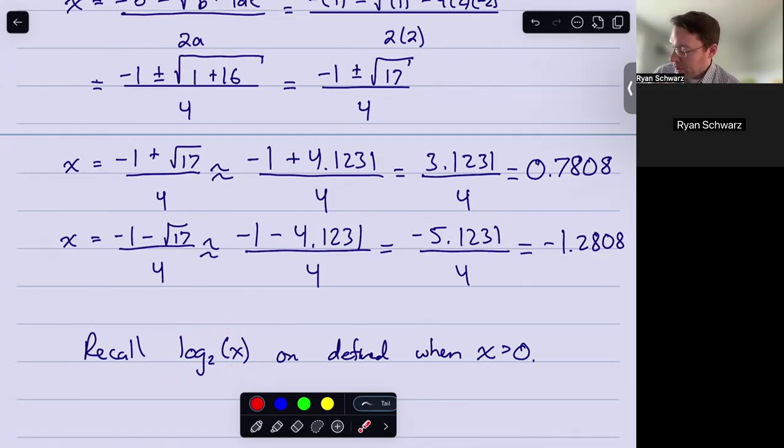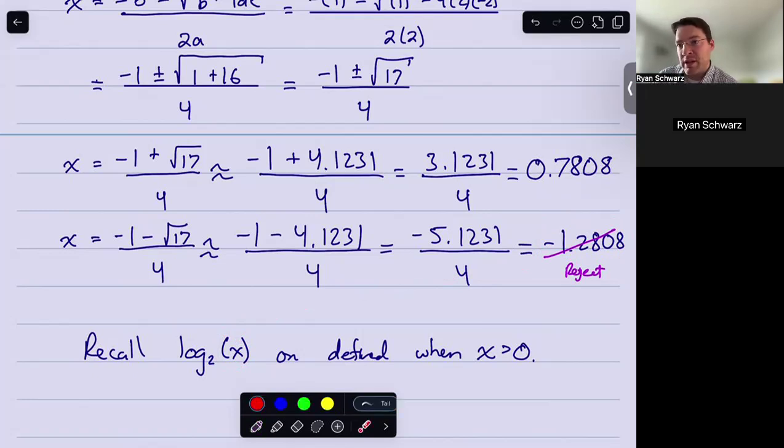So if my only restriction here is that I have to plug in positive numbers, this is not going to cut it, right? If I plug this value into an expression that looks like this, and you try it on a calculator, it's just going to give you error. So what this means is that I'm going to actually reject this. That can't be a solution.